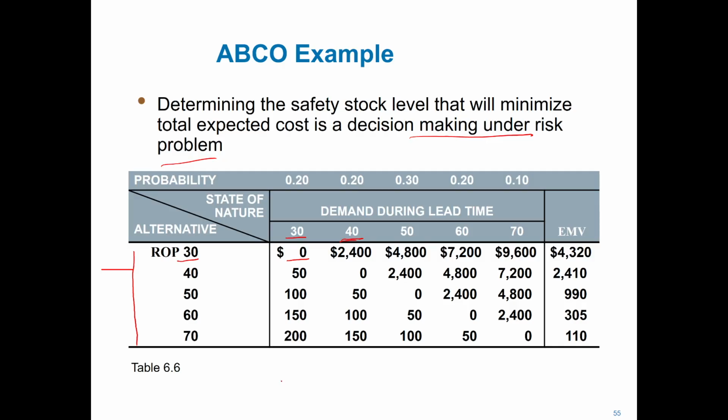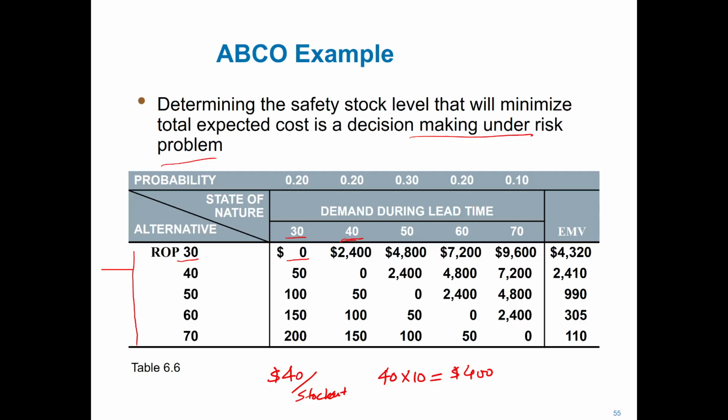Now we said that $40 is the cost per unit of stock out. Then if it is 10 units, because we said that 30 we kept and 40 demand was there, 10 units of extra demand is there, which means that 40 multiplied by 10 is $400 is the extra cost coming.